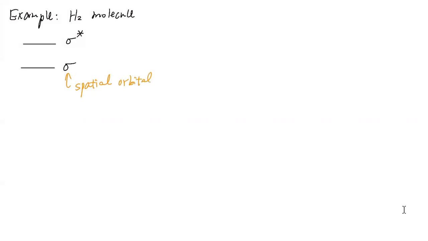Then the ground state, of course, at the equilibrium geometry of H2, is sigma 2, right? So this is the ground state electron configuration. This is equivalent to saying I have sigma 1 alpha 1, and sigma 1 beta 1, sigma 2 beta 2.